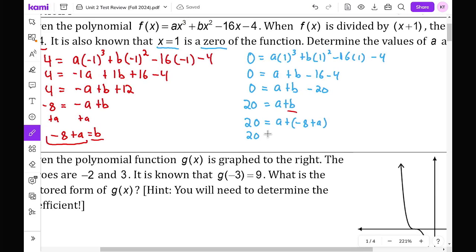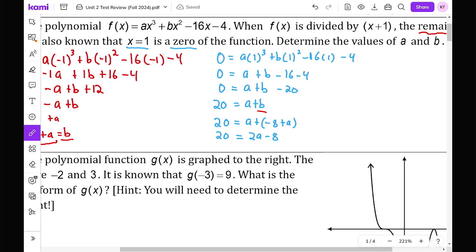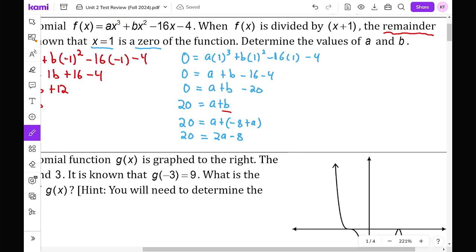So 20 is going to equal 2a, because a plus a is going to give me 2a, minus 8. So I go ahead and add 8 to both sides. So that will give me 28 is going to equal 2a. Divide both sides by 2. So I'll get 14 is equal to a.